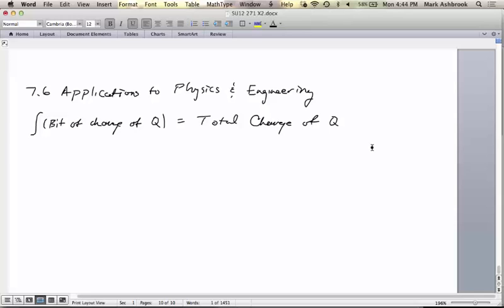It's all about setting up an integral of a typical little bit of change of a quantity, and then when you solve that integral, you get the total change in the quantity. So we're seeing this pattern over and over again.